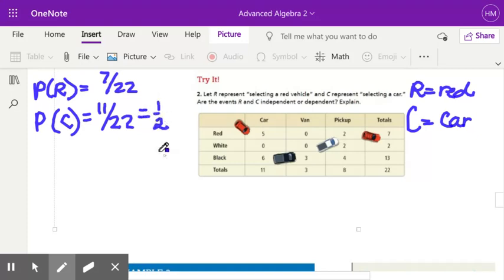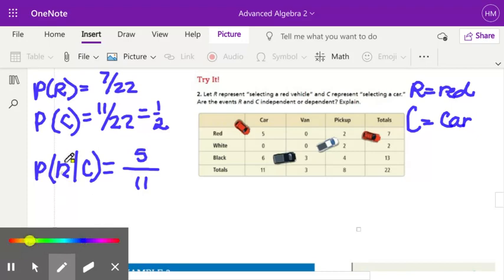Okay, so are these events independent? Well, first, let's find the probability that it's red given that it's a car. Given that it's a car, there are 11, and red is 5 out of 11.